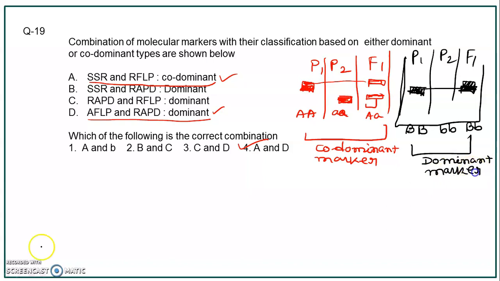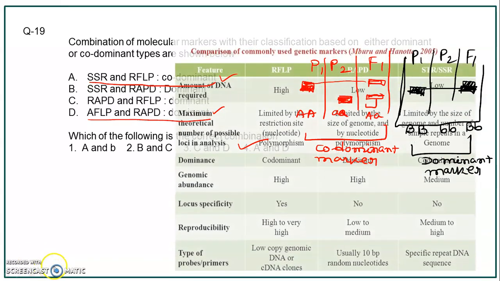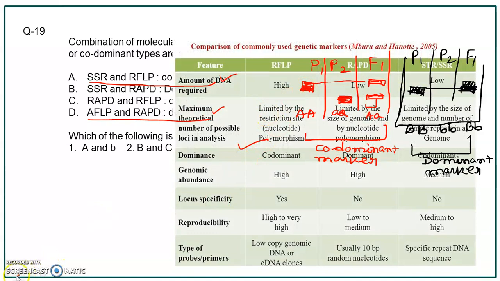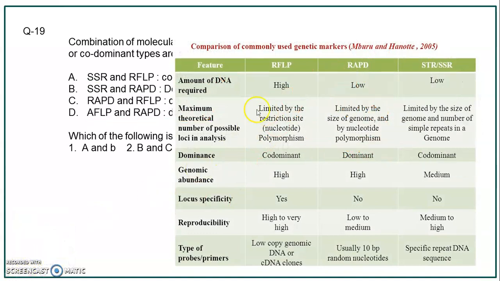Now, comparing the markers: RFLP requires a high amount of DNA and is a co-dominant marker.